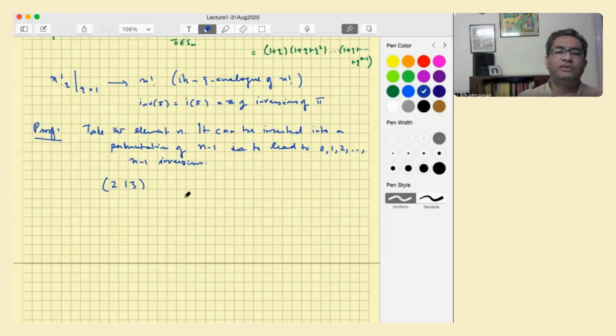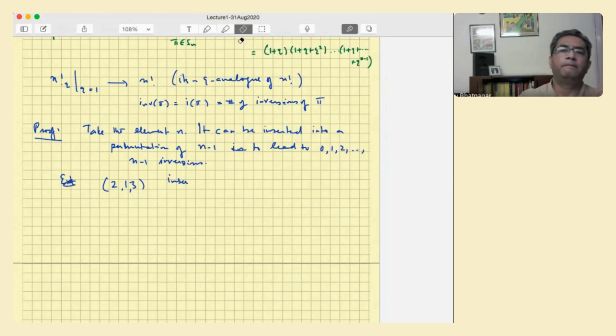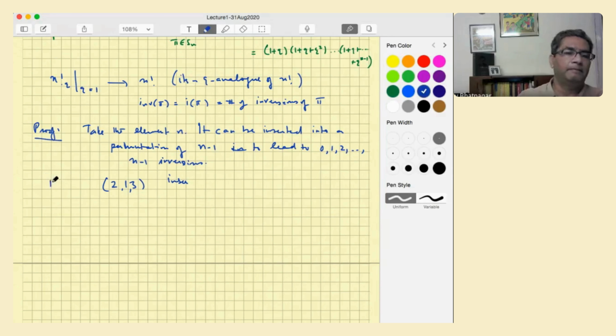Suppose 213 is given. I want to insert 4. If I insert here, this gives me 0 new inversions.